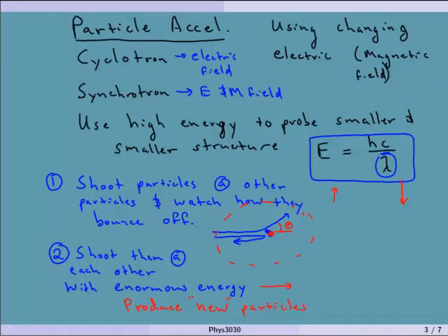So what ends up happening is, let's draw a little box over here. So in the first case, maybe I'll shoot one particle this way and one particle this way. And when they hit each other, whatever comes off, you get all kinds of stuff in all different directions, right? All different kinds of particles.